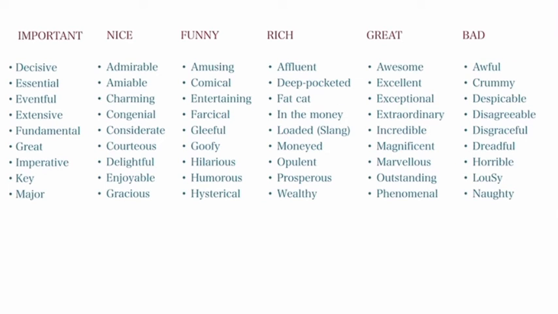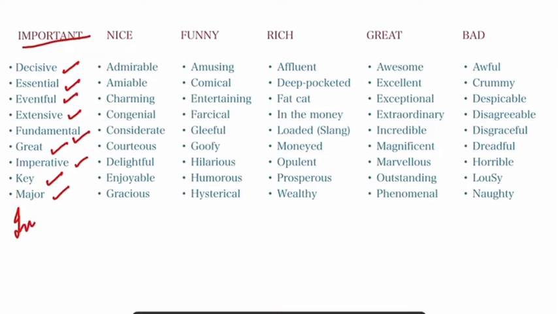The next set of words are also very interesting. So let's start with important: decisive, essential, eventful, extensive, fundamental, great, imperative, key, and major. Instead of these, you have integral, vital, pivotal, and crucial as well.